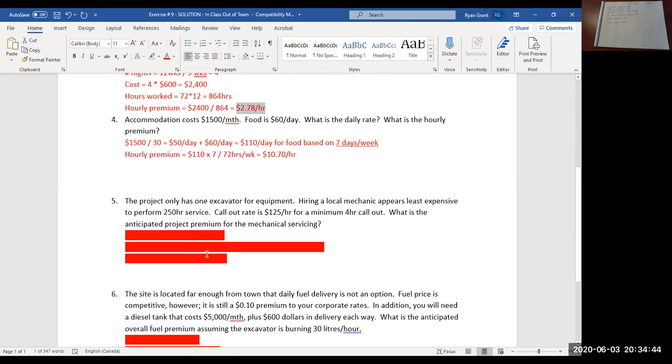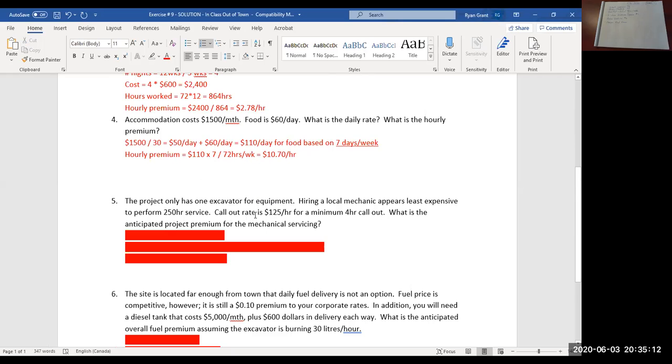Okay, question 5. The project only has 1 excavator for equipment that it needs. So hiring a local mechanic appears to be the least expensive method to perform the servicing that's required on the excavator. So every 250 hours, the machine needs to be serviced. 250 work hours.